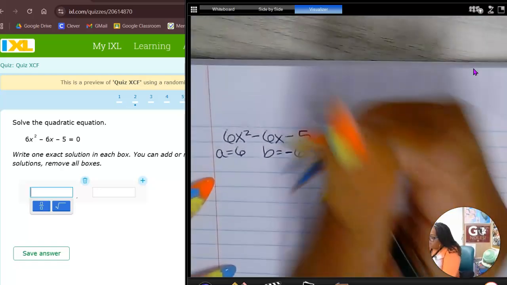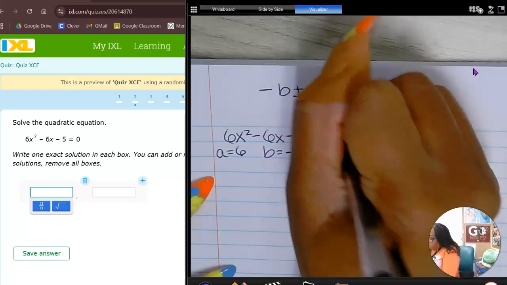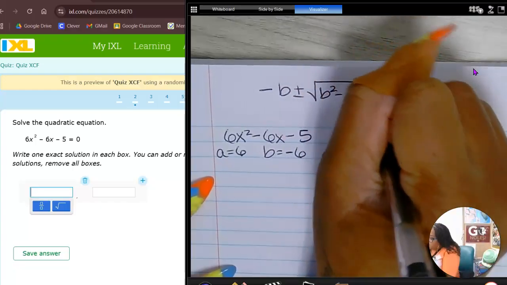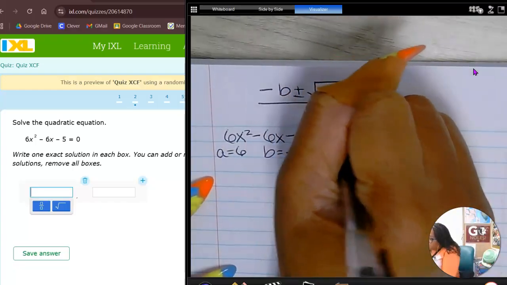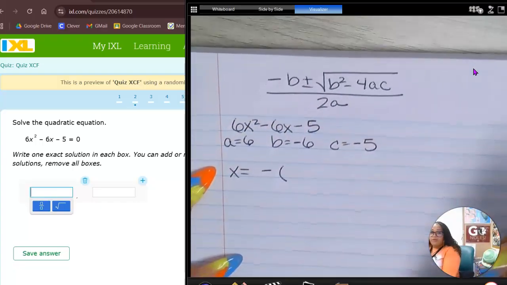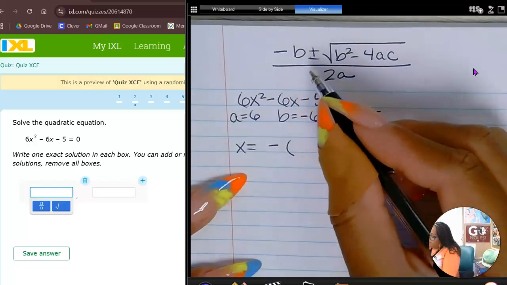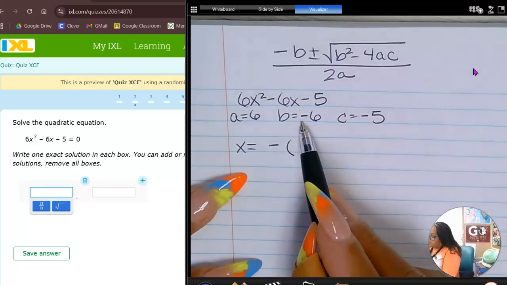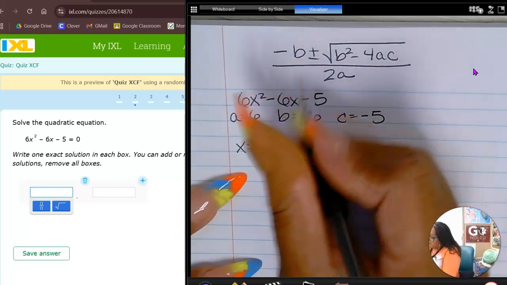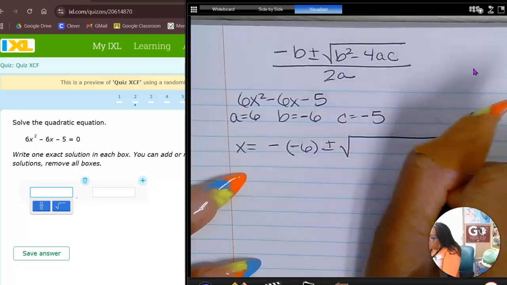-5. Remember, it's opposite B plus or minus radical b squared minus 4ac all over 2a. X equals opposite of whom? Which is -6. Plus or minus big radical.